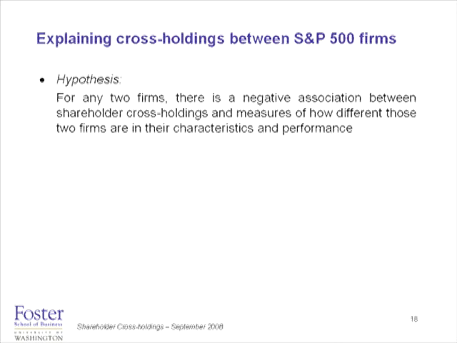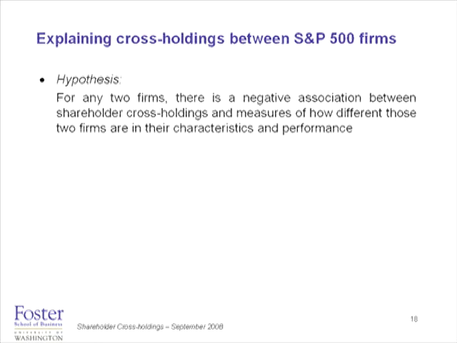Okay, so those are the averages, and so what explains why one particular pair of firms has more cross holdings than another particular pair of firms? Our idea was fairly simple. I kind of talked about it earlier. Why would one institution hold more of this pair of firms than another set of firms?